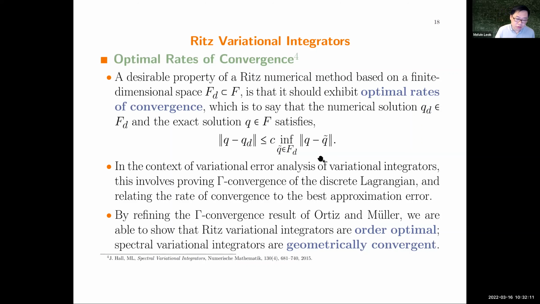So there are a lot of nice results in approximation theory which you can leverage if you have this kind of quasi-optimality type result.